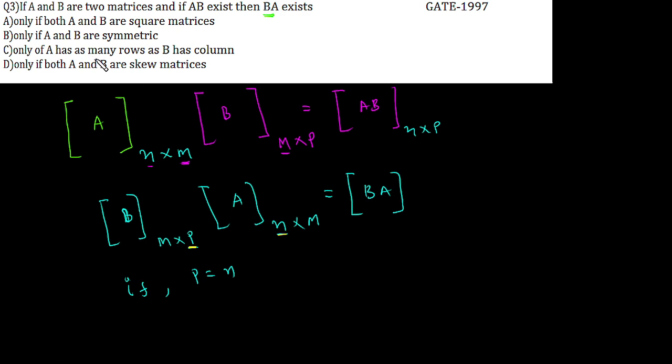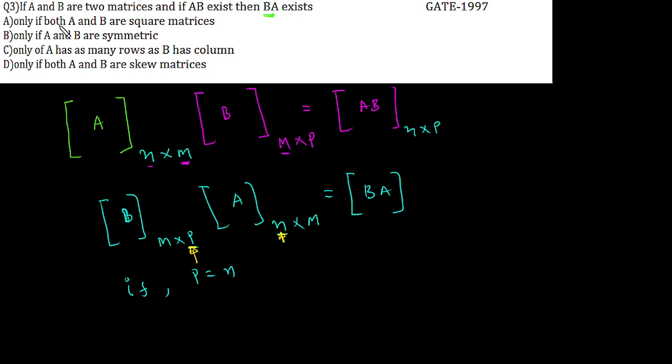So we can say that the number of columns in the B matrix is exactly the same as the number of rows in the A matrix, because here n represents the number of rows of A and P represents the number of columns of B. So we got the answer for the condition such that BA also exists for this A and B matrix. So look at the options.